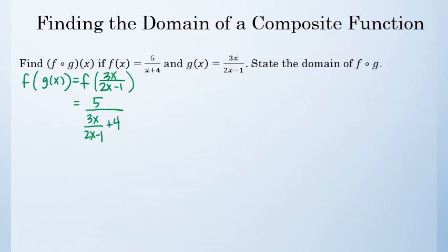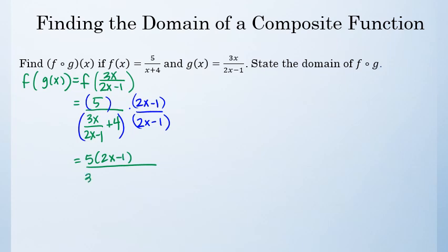Again, I'm left with a complex fraction, so I'm going to multiply the numerator and denominator by the least common denominator. So multiply both the numerator and denominator by 2x minus 1, which is the same thing as multiplying by 1. It's just an ugly one. So the numerator becomes 5 times 2x minus 1. With the denominator, we get 3x over 2x minus 1 times 2x minus 1 plus 4 times 2x minus 1, because again we have to multiply the entire denominator by that.